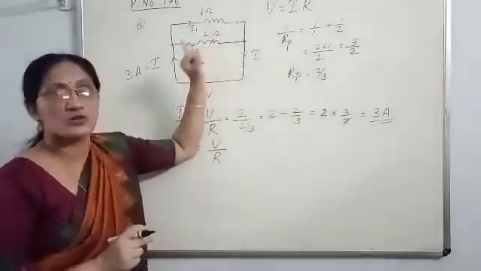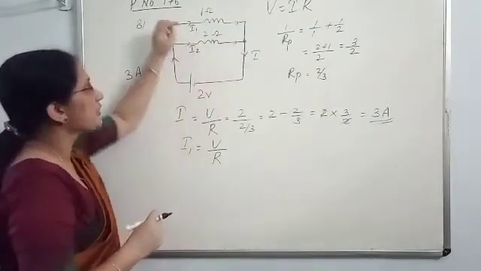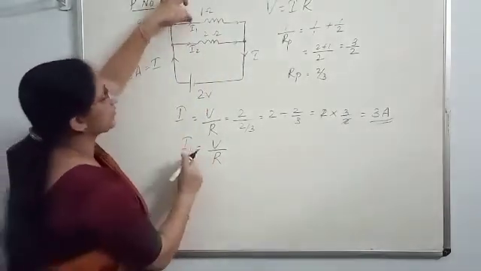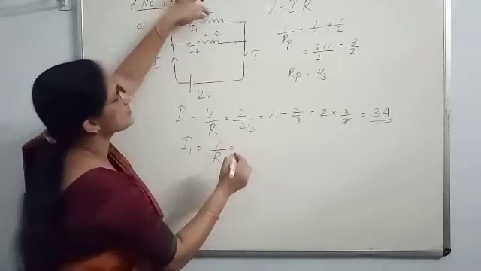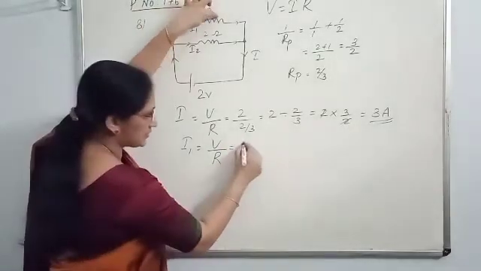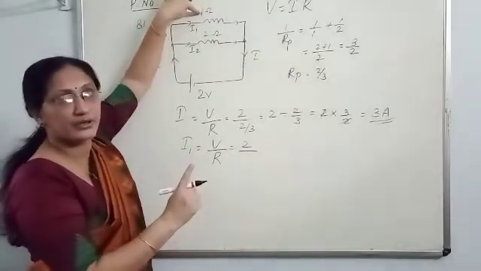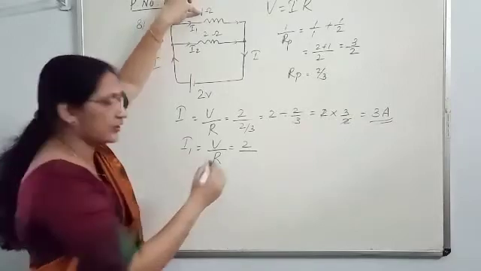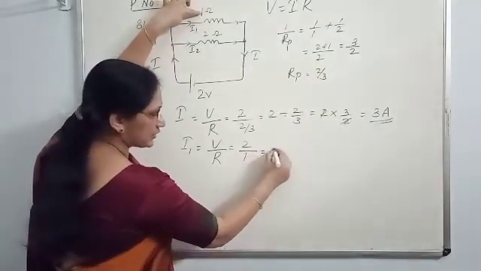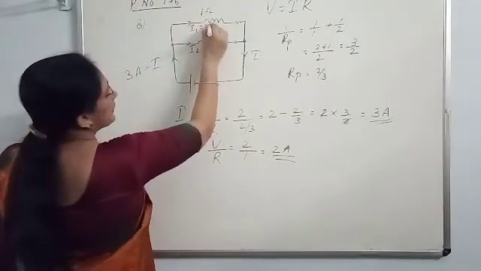This resistance also will get 2 volt. V is same for both. So, to find I1, V means the voltage across this resistor, that is 2 volt. Upon this resistance we have to consider, not the total. Resistance of that branch alone you have to consider, that is 1. So, 2 ampere. The current here is 2 ampere.